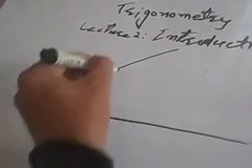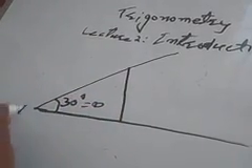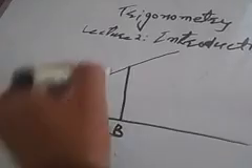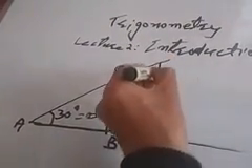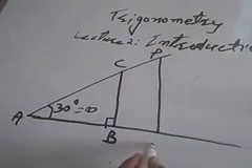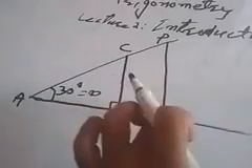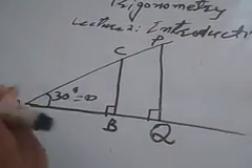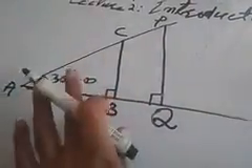Now if I join a perpendicular from this point, suppose this is angle A and BC is the perpendicular, then ABC is a right triangle. If I draw one more perpendicular, say this is P and Q, AQP is also a right triangle. ABC is also a right triangle. In both cases, angle A is common, so both have angle 30 degrees.